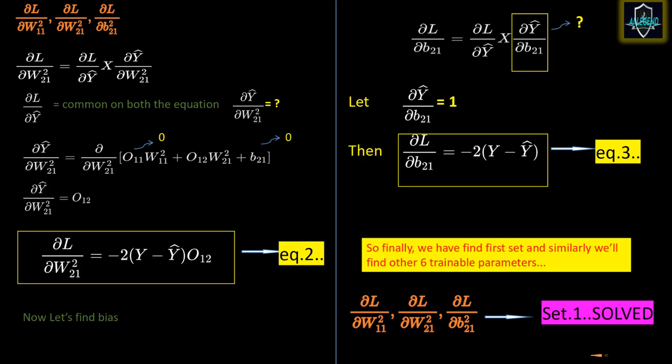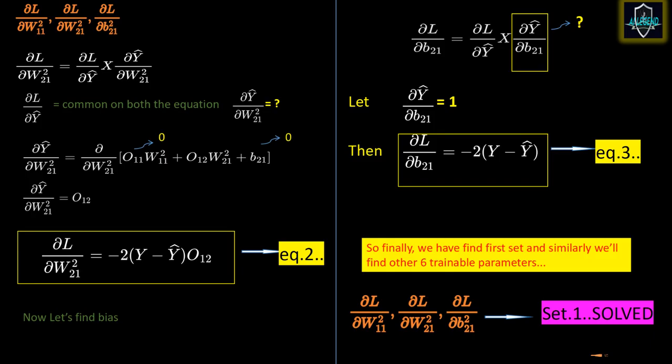That is O12, as W21 is in the base of that differentiation. So what we are getting, the second equation, del L over del W2 to 1 is equal to minus 2 multiplied by y minus y hat and O12, right? Now we are finding the second equation also.